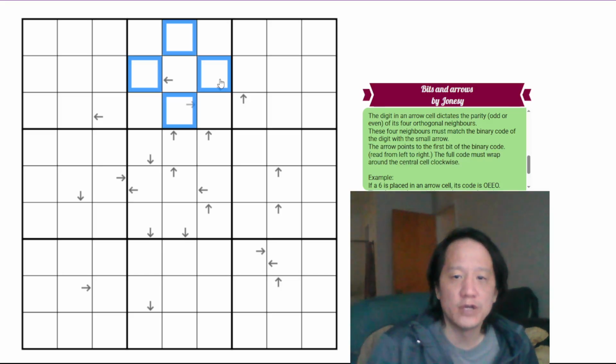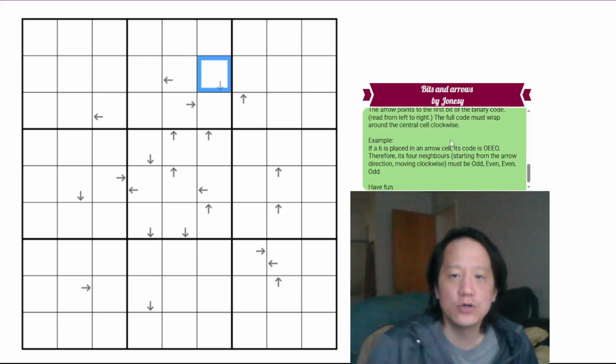These 4 neighbors must match the binary code of the digit with the small arrow. The arrow points to the first bit of the binary code, read from left to right. The full code must wrap around the central cell clockwise.